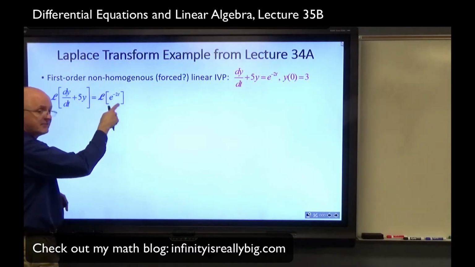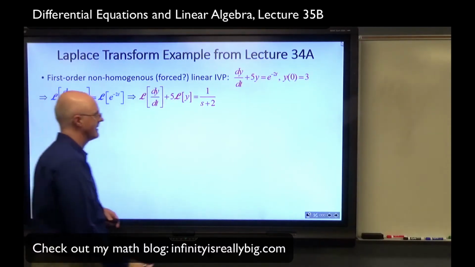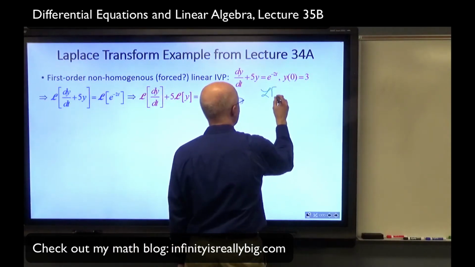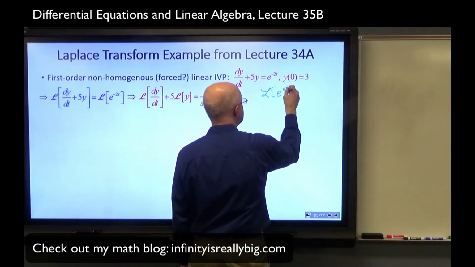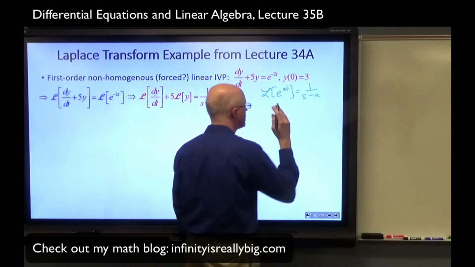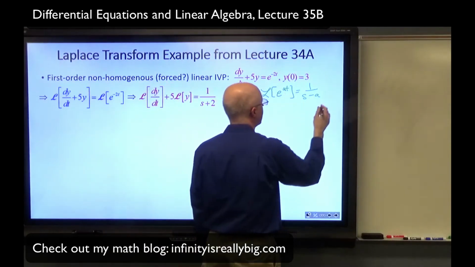We also evidently need to figure this out, which I did do in the last lecture. In lecture 34b, I derived that the Laplace transform of e to the at is 1 over s minus a. It's a function of a new variable called s. It equals this, where a is a constant.